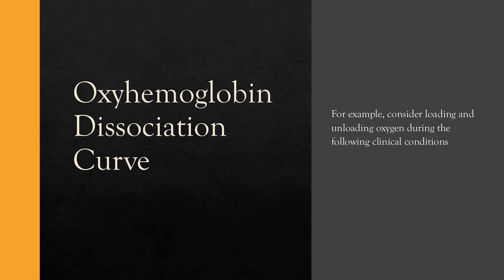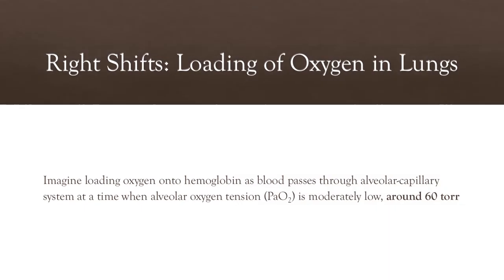So consider loading and unloading oxygen during the following clinical conditions. Imagine loading oxygen onto hemoglobin as blood passes through the alveolar capillary system at a time when the alveolar oxygen tension, the PaO2, is moderately low, around 60 torr.